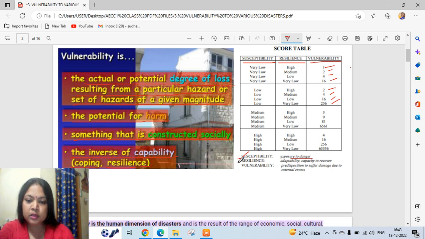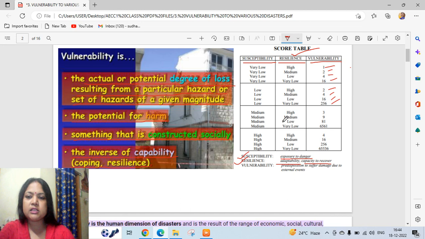Then what do we mean by resilience? Resilience means your adaptability or capability to recover. Suppose some hazard occurs or some loss occurs, then if the resilience capacity is high, you can come back from that danger immediately.